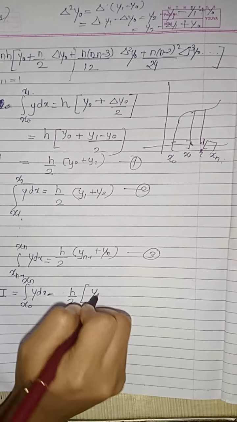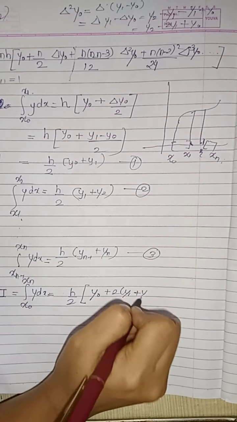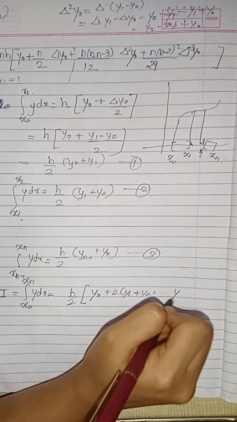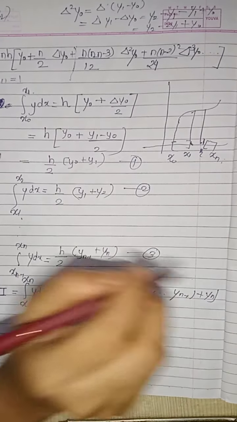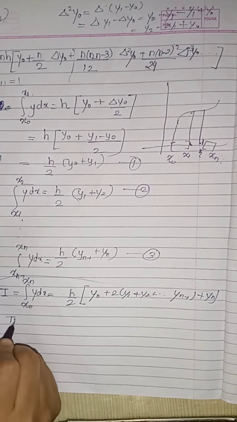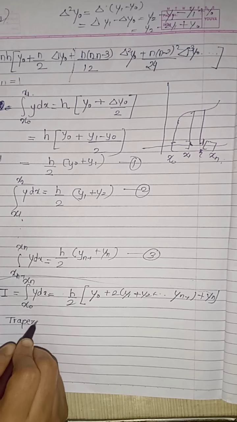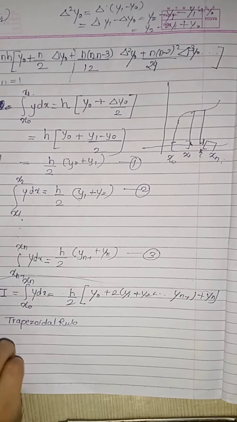What we are left with is y0 plus 2 times y1 plus y2 plus so on up to yn minus 1 plus yn, and this formula is known as the trapezoidal rule. Okay, so if you are asked to find the value of integration by trapezoidal rule, you have to make use of this formula.